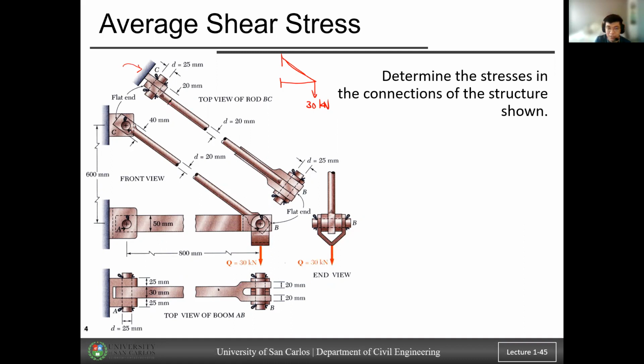So the internal force here is 50. If you try to isolate the area, the portion that will fail is this, the bolt, the pin connection here. And notice that the diameter is 25 mm.